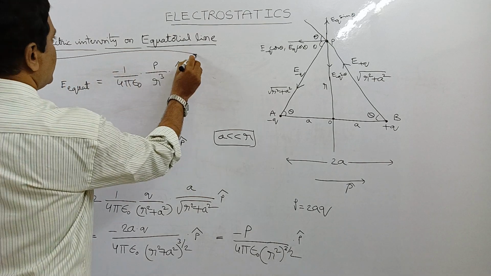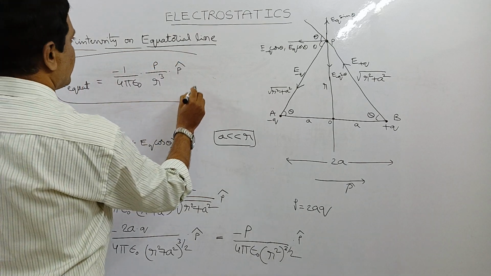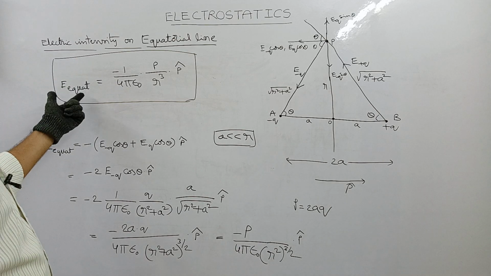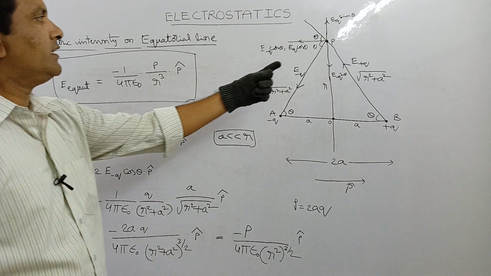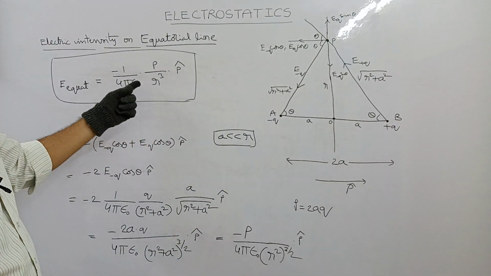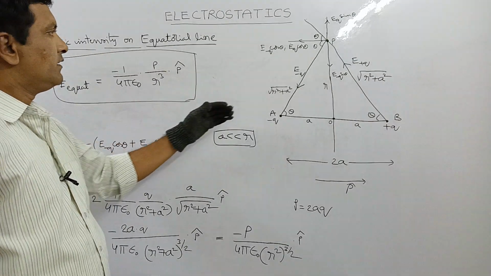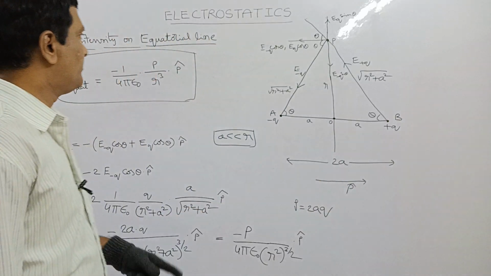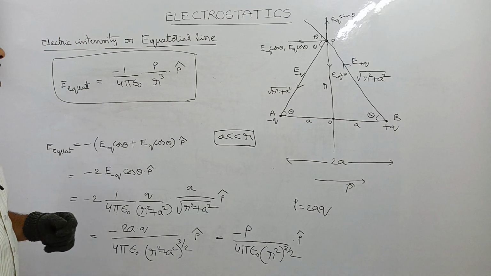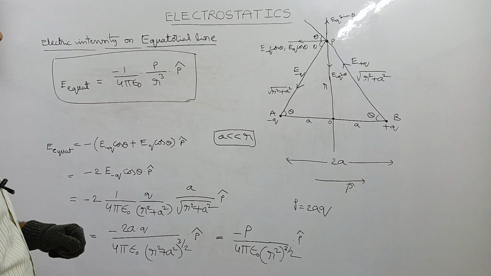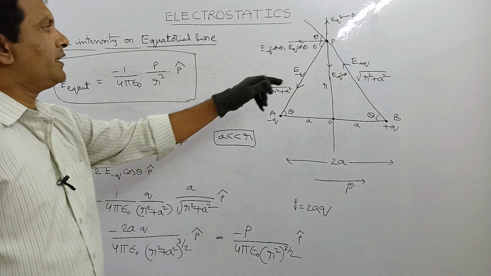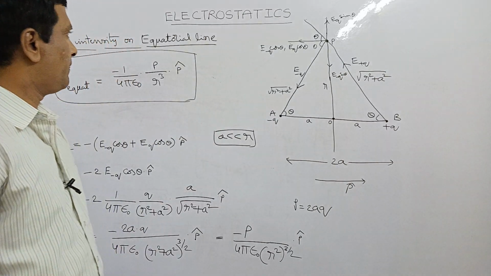Okay. See the minus sign here. The minus sign here indicates that the net electric field intensity is along the left side, that means opposite to the direction of dipole moment. The minus sign indicates the direction of the net electric intensity on the equatorial line at point P.